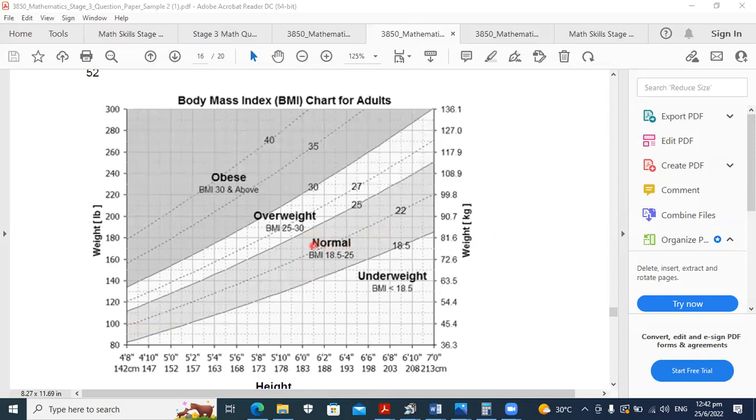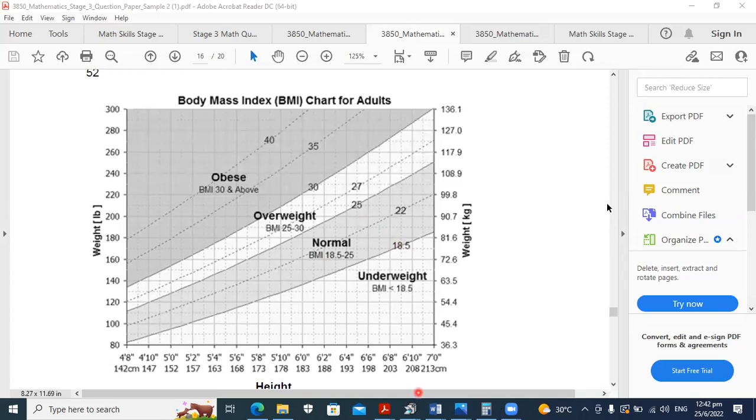Normal. Okay. And so anywhere in that range, you're normal. Means you have a normal body mass to height, right? And between 25 and 30, you're overweight and so on. All right. So let's look at the question now.